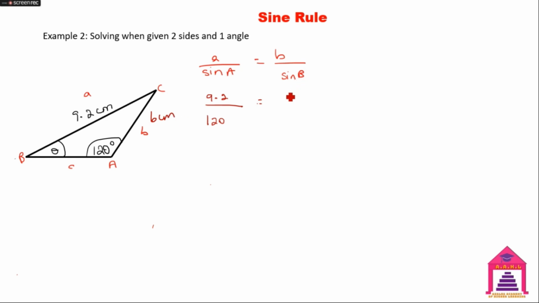So 6 centimeters, 6 over sine theta. First multiply, so you get 9.2 by sine theta is equal to 6 by 120, right? I just said that was 720.